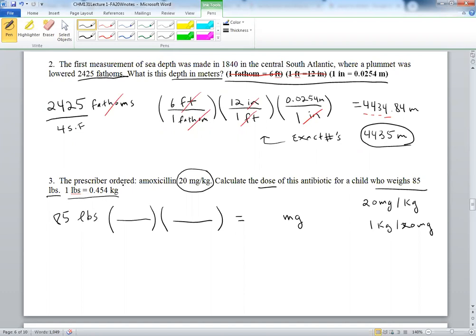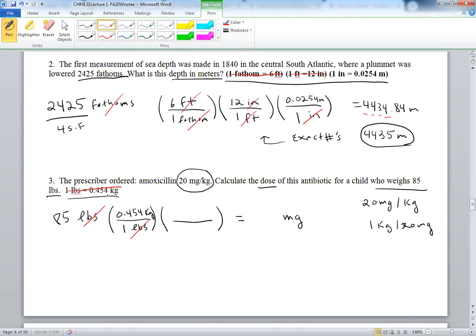So notice here that pounds is not something we use in the metric system. So we need to convert to kilograms. And you have a conversion factor right here. So if I have pounds and I have pounds down here, that's 1. And then on the top, it's going to be 0.454 kilograms. So they cancel out. Now I need 1 more. Remember what I said, I cross it out.